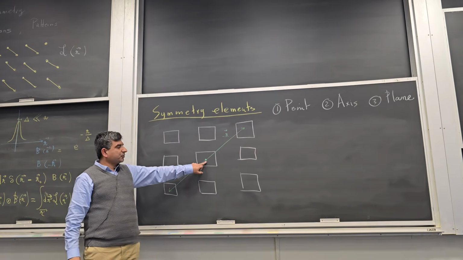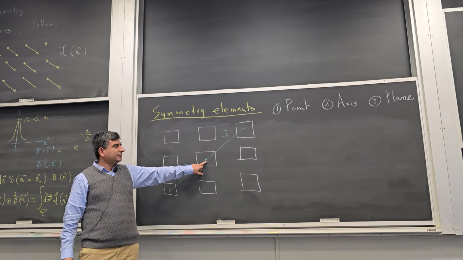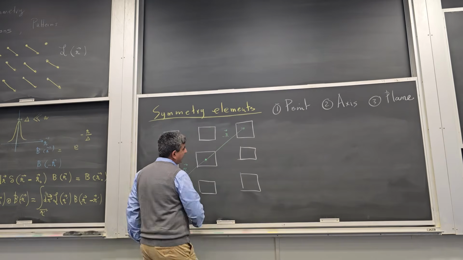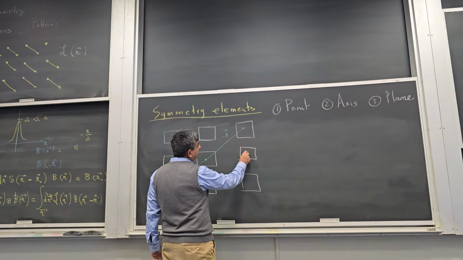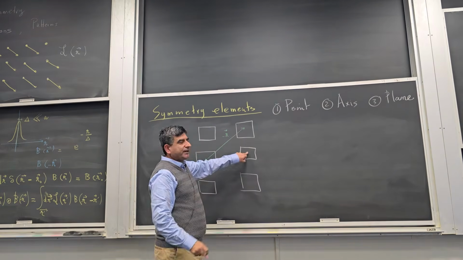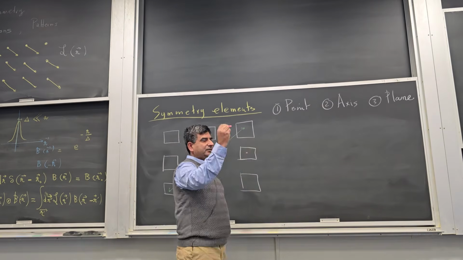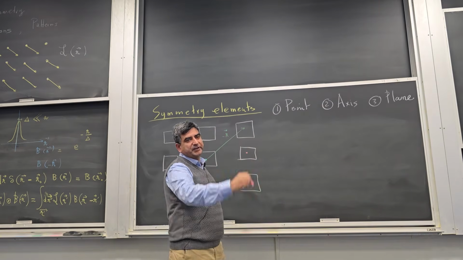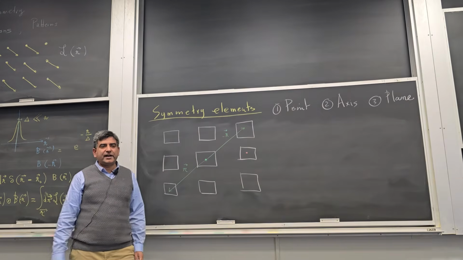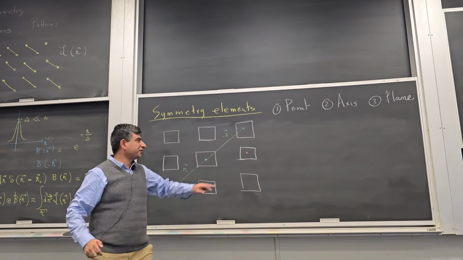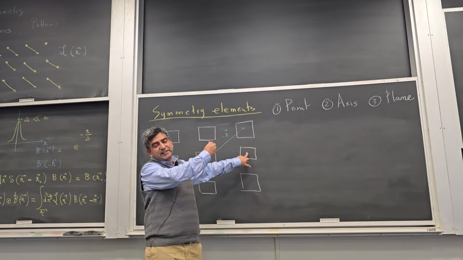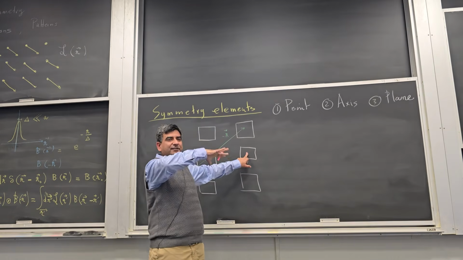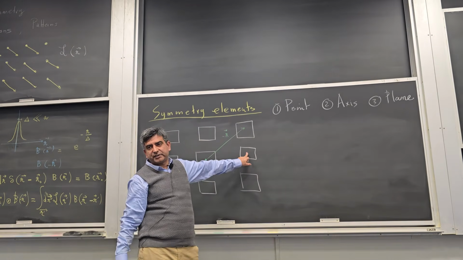I could also take this point here, or let's take any other point. Say, let's consider this point. If I take this point and draw an axis at this point, suppose this axis is pointing out of the plane of the paper, and I did a 360-degree rotation about this axis of rotation, the entire pattern will remain unchanged.